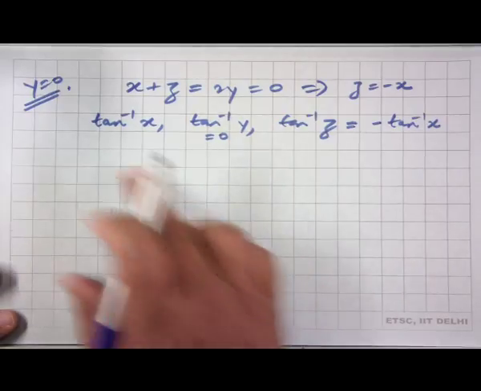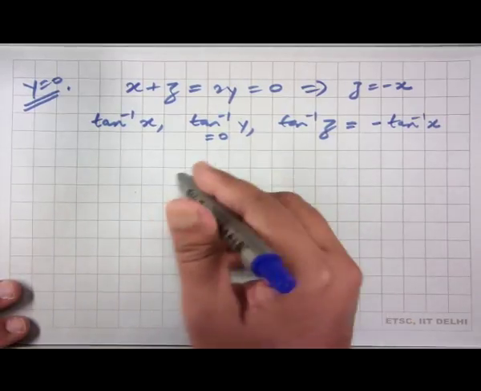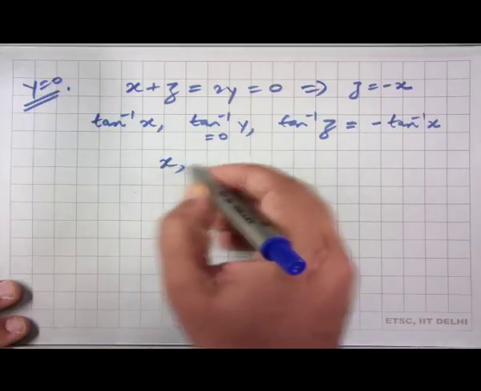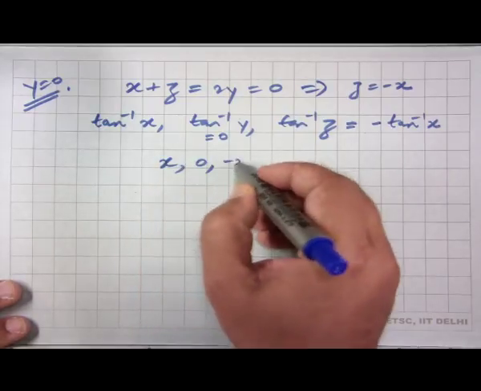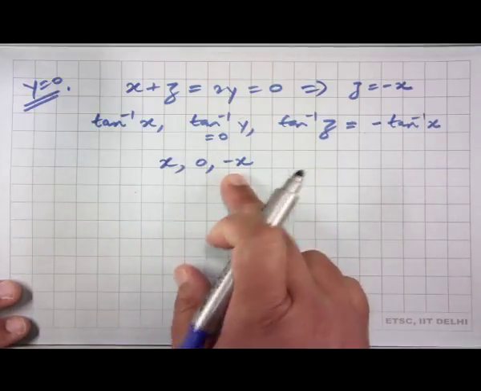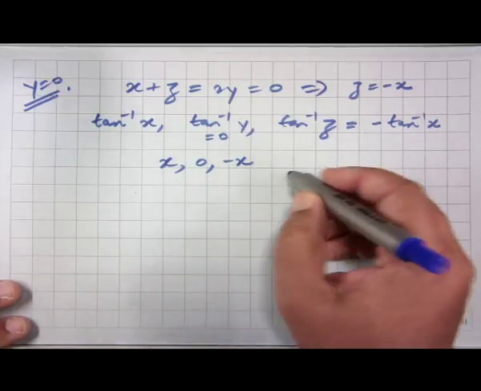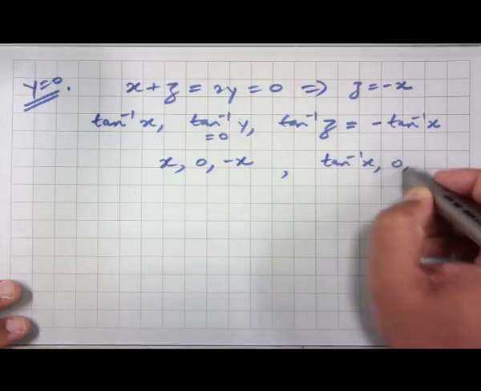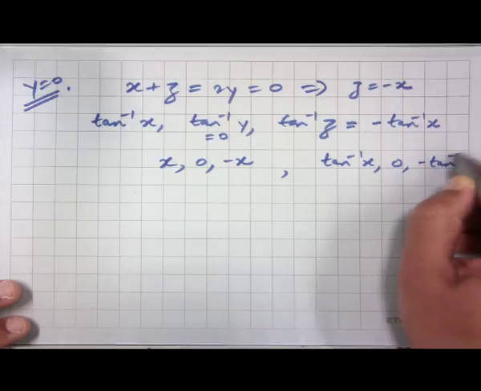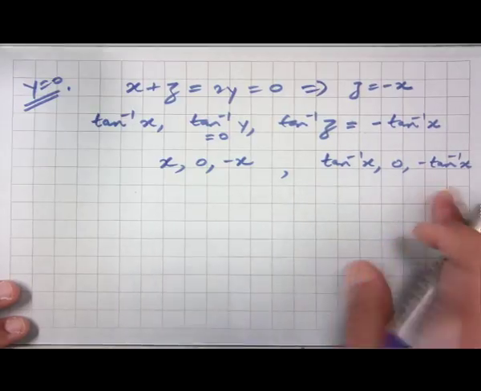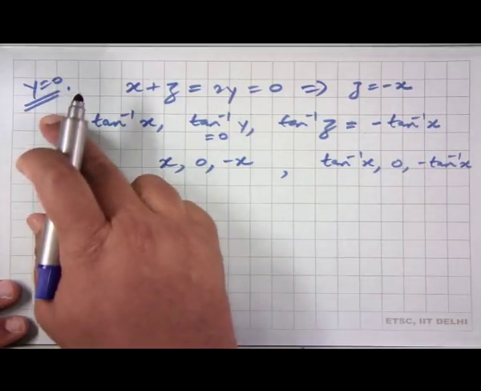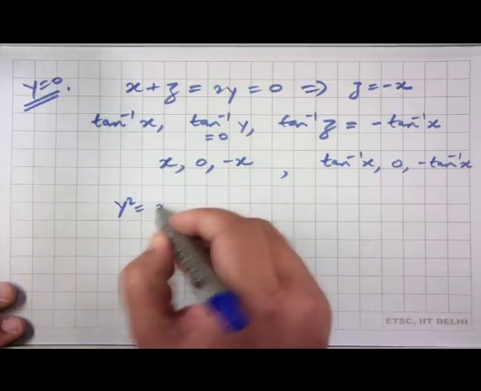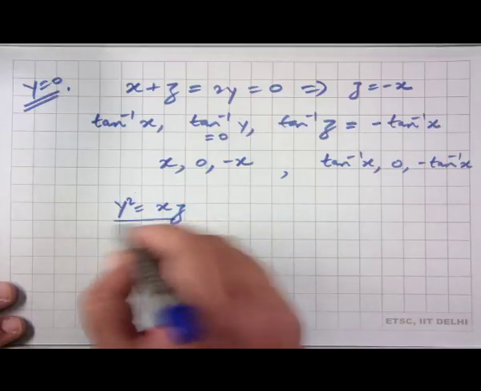So, of course, this is one possibility that y is equal to 0, and therefore, we have x, 0 and minus x, so z is minus x. This is in arithmetic progression, and also tan inverse x, 0 and minus tan inverse x. So, these three are also in arithmetic progression. So, this is one possibility, and the other possibility is that y square is equal to xz.